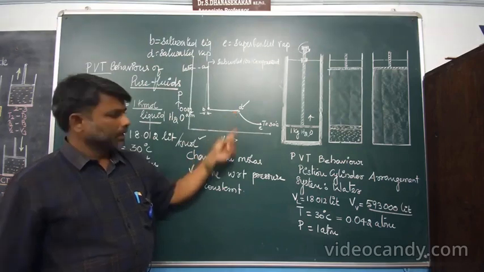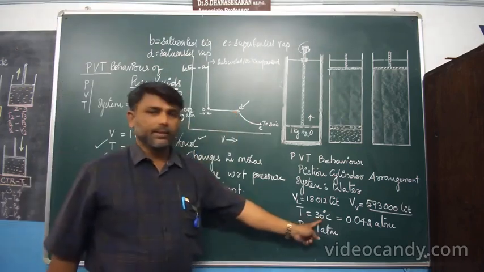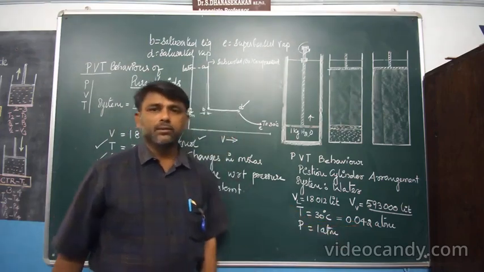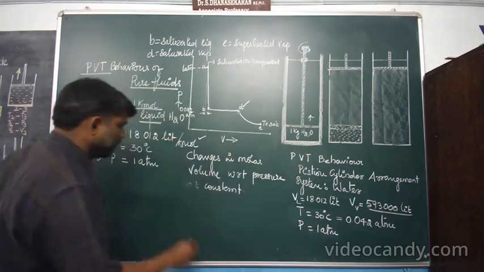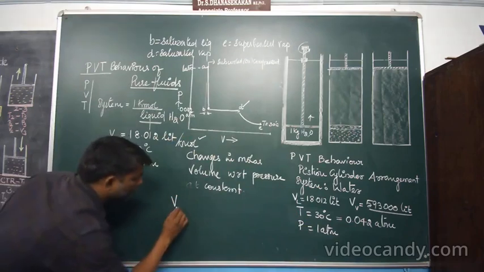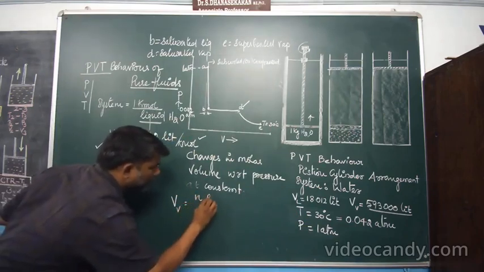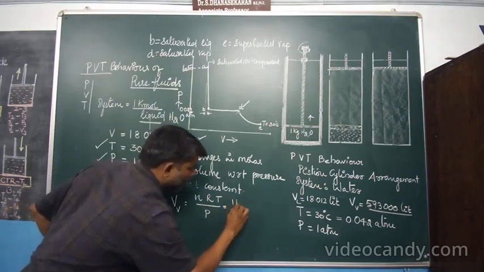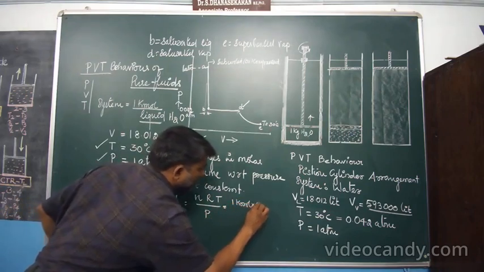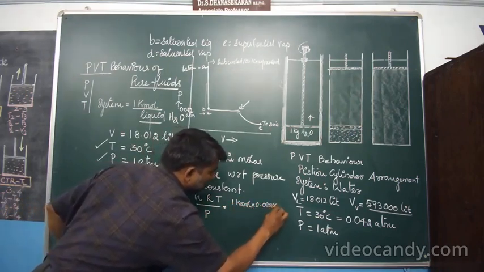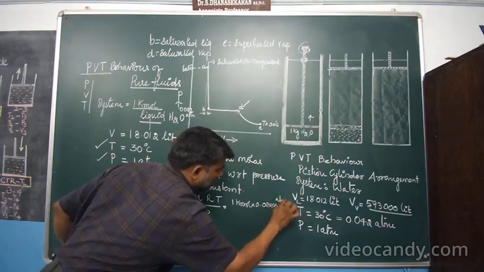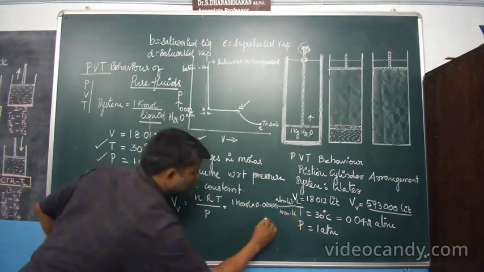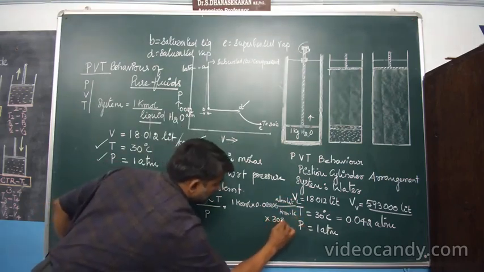At this condition, at a temperature of 30 degrees Celsius, pressure 0.0419 atmosphere, and R equal to 0.08206. Specific volume of vapor V is equal to nRT divided by P. n is equal to 1 mole, or kmole, R is 0.08206 liter atmosphere divided by kmole degree Kelvin, and the temperature is 30 degrees Celsius, 303 degrees Kelvin.